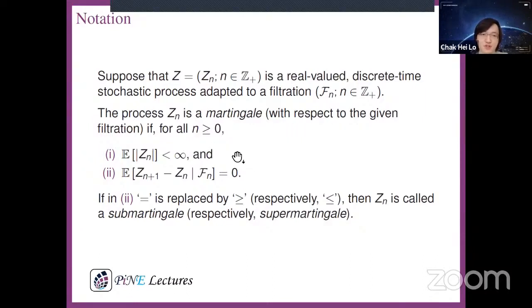The first condition is that the expectation of the absolute value of Zn is finite. And also we have that the expectation of Zn plus 1 minus Zn is equal to 0. If this equal sign is replaced by greater than or equal to, then this is called a submartingale. And in reverse, if it's less than or equal to, then we call this a supermartingale.